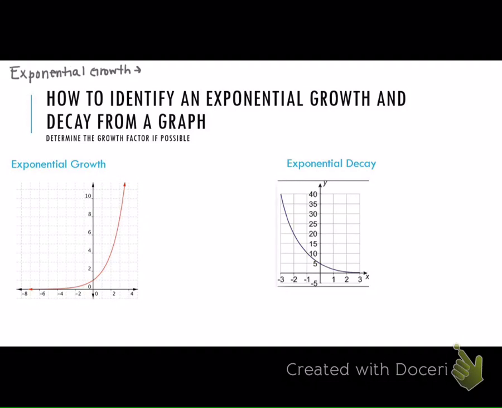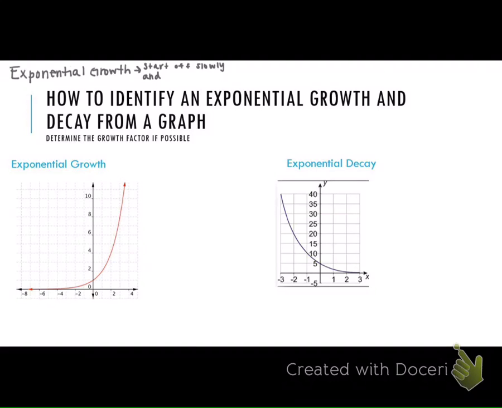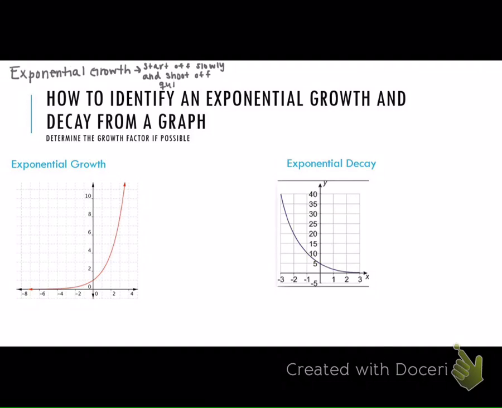From a graph, exponential growth will start off slowly, and shoot off quickly from there. So it starts off slowly and then it grows really, really quickly all of a sudden. If you notice here, this is pretty slowly growing, and then all of a sudden it's getting really steep, right?